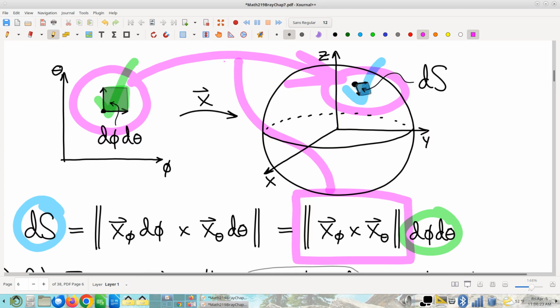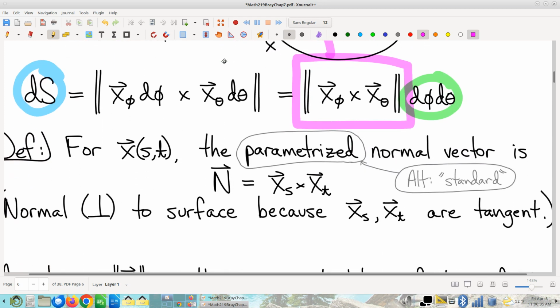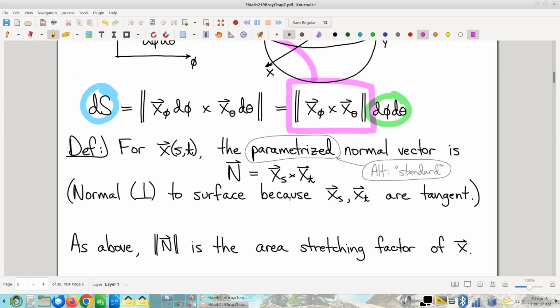And so if you have something happening on the sphere and you want to rewrite that in terms of phi and theta, don't forget to insert your stretching factor, and everything's good. And here is a formalization of that. Just for notational convenience, I'm going to take this cross product itself, not the magnitude, but the cross product itself, and give it a name.